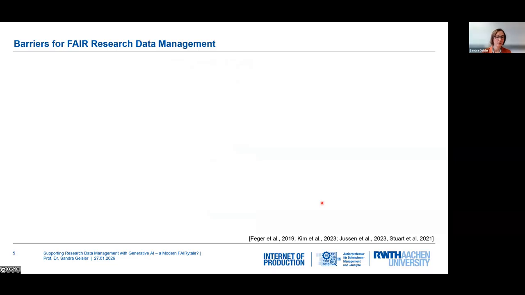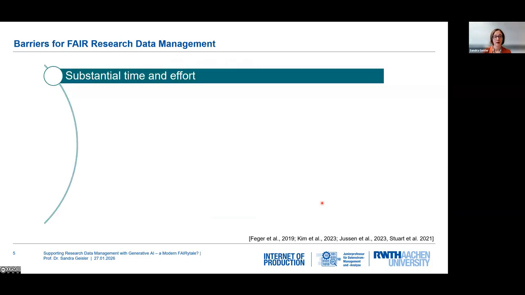What we faced here, and what is also backed up by several other publications and studies, is that what hinders FAIR research data management is that you still need a high amount of time and effort to do proper research data management, to describe the data, to curate the data, and so on.